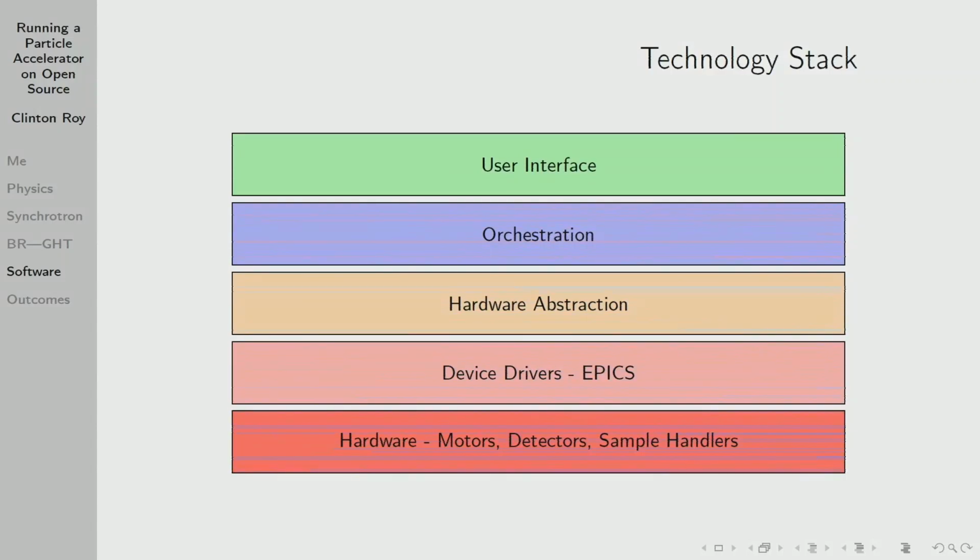We use an open source protocol called EPICS. EPICS is used at lots of particle accelerators, so things like CERN. It's also used at nuclear power plants. It's not necessarily the protocol that you would pick today if you were doing a greenfield.